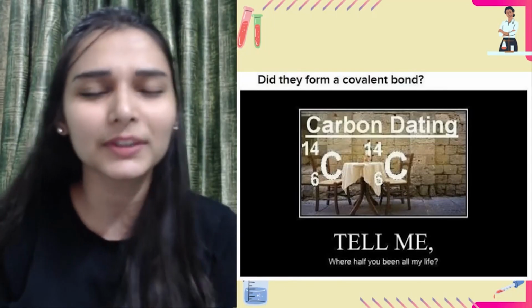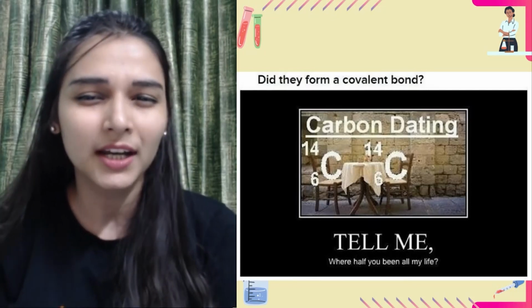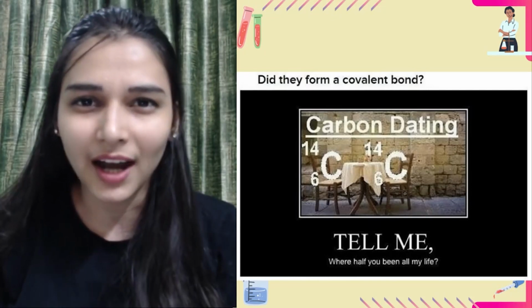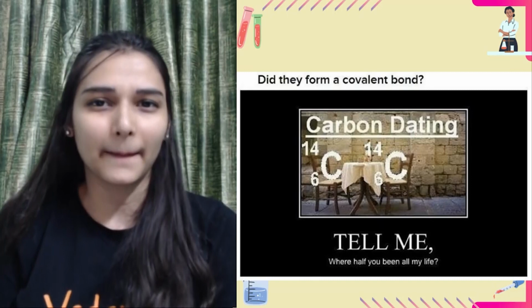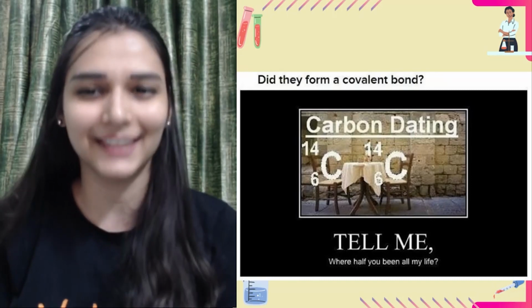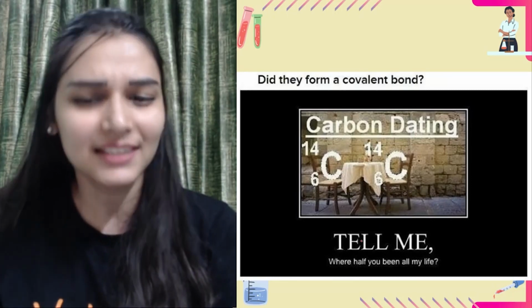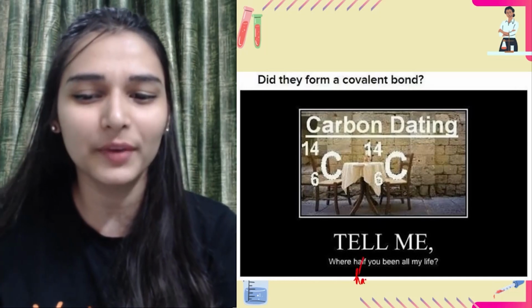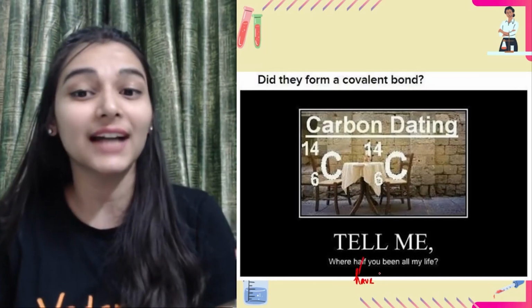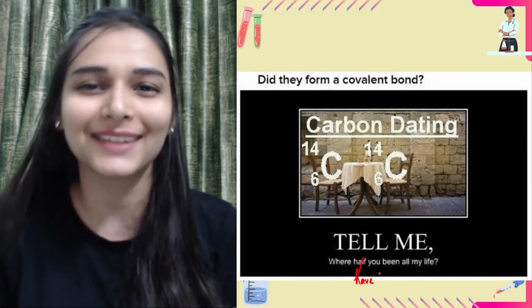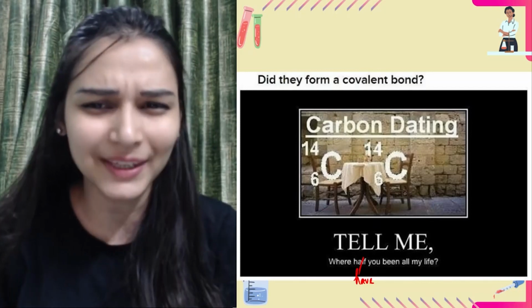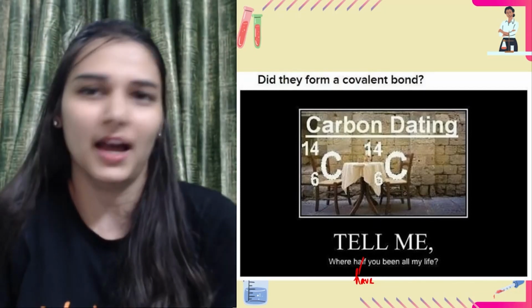So let's start with a small chemistry joke. Do you know carbon went for dating? Really? Yes, I can see that on the screen. "Tell me, where have you been all my life?" says one carbon atom to another carbon atom on a date. But are they making a covalent bond? I don't know.